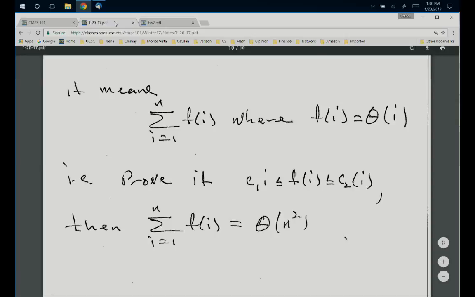Going on. What do we say if f of n is in little o of g of n?